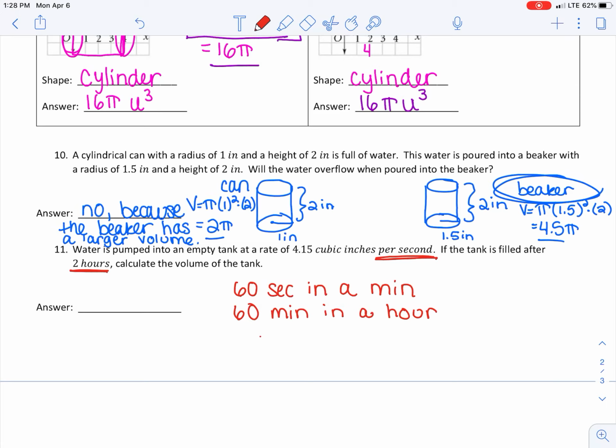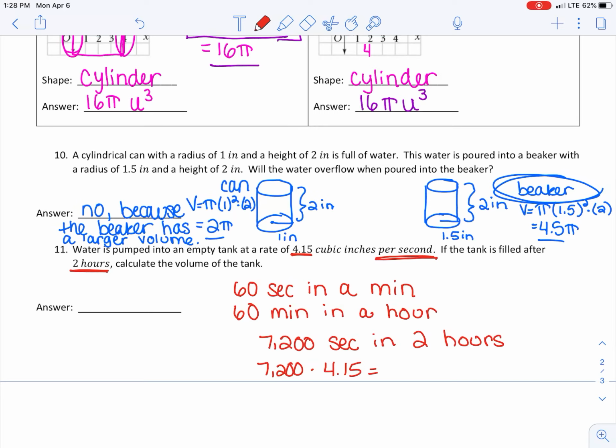So we have 7,200 seconds in 2 hours. Okay, now it's saying that it fills it at a rate of 4.15 cubic inches per second. So we can take that 7,200 and multiply that by the 4.15 to figure out what the volume is.